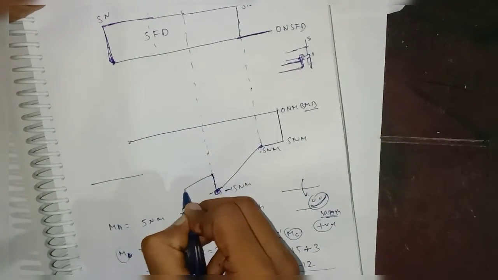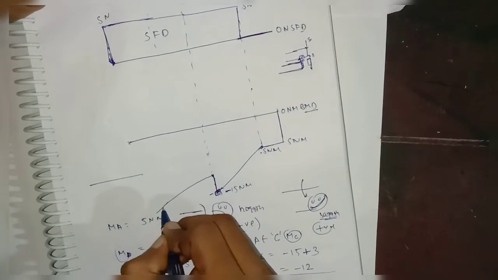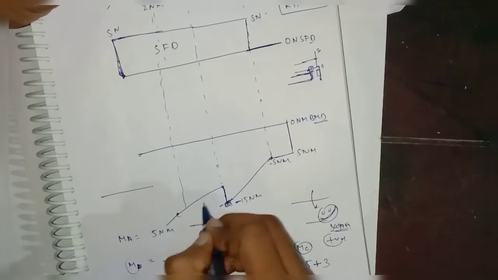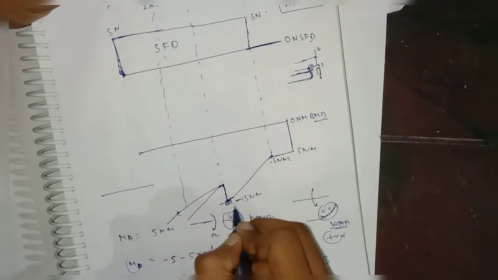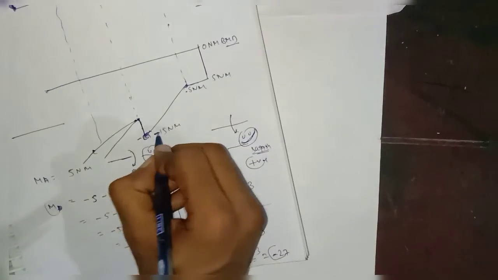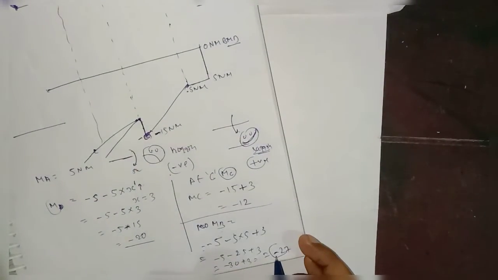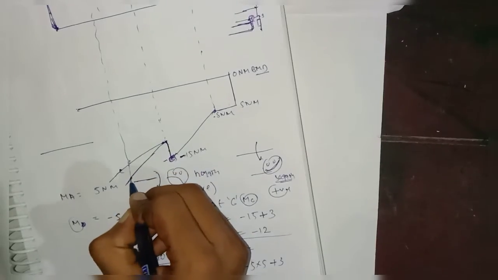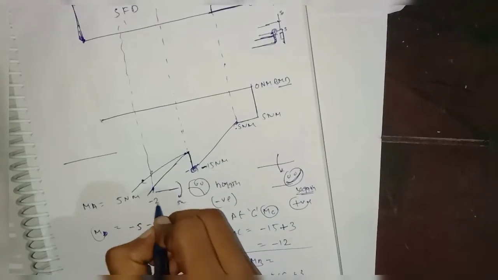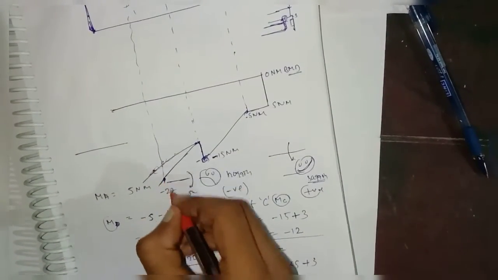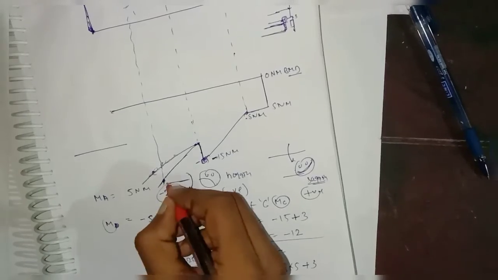This is your minus 15, and this is your minus 27, so it will come here, and at this point your moment will be minus 27.